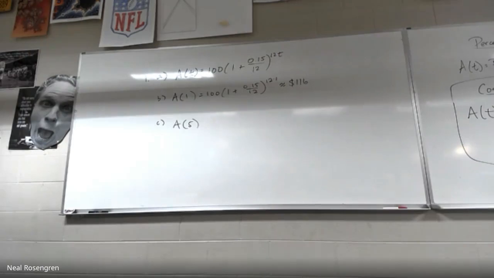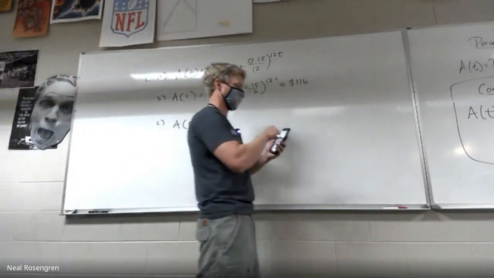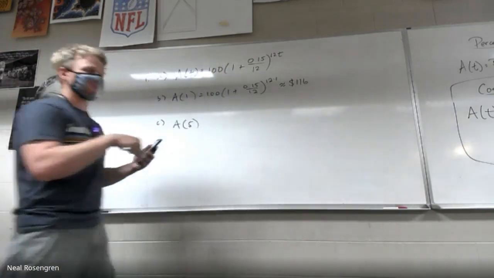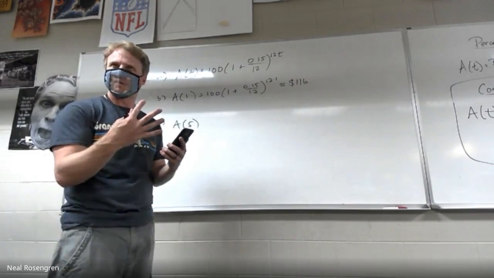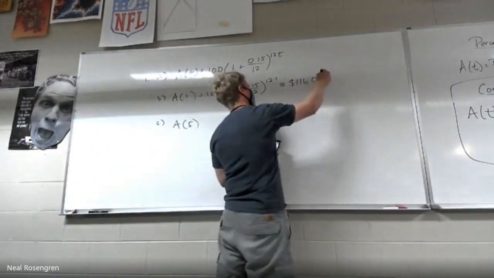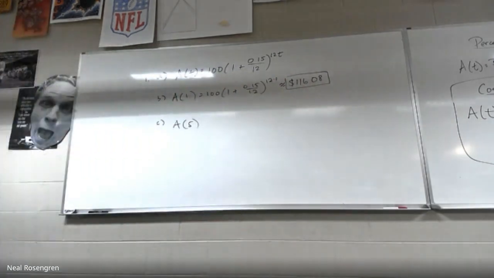So 2 decimal places. So is it 0.7 or does it bump up to 0.8 if it's 0.75? Goes up, right? 0.8. There it is. $116.08. That's it. Formula, calculator, round.